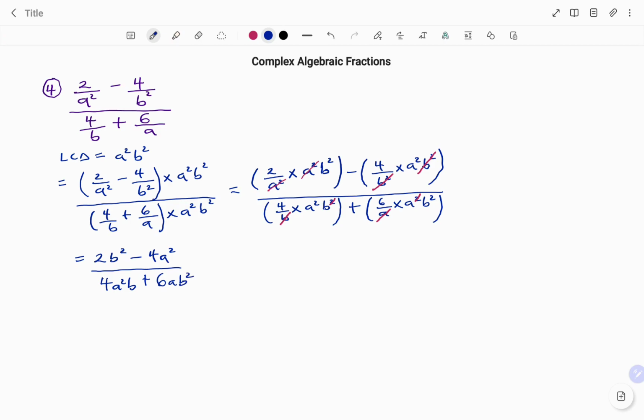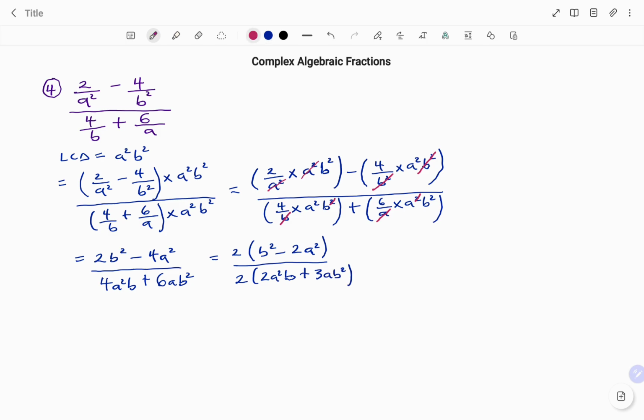Looking for common factors at the top and at the bottom, I'm going to take out my 2 at the top as a common factor. I'm left with b squared minus 2a squared divided by, I'm going to take out the common factor 2 at the bottom also. I'm left with 2a squared b plus 3ab squared, close bracket.